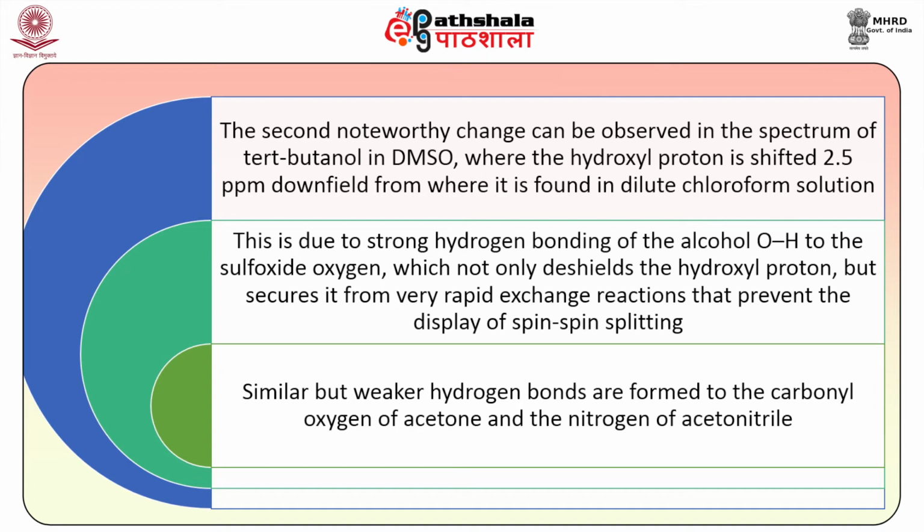This is due to strong hydrogen bonding of the alcohol OH to the sulfoxide oxygen, which not only deshields the hydroxyl proton but secures it from very rapid exchange reactions that prevent the display of spin-spin splitting. Now, similar but weaker hydrogen bonds are formed to the carbonyl oxygen of acetone and the nitrogen of acetonitrile.